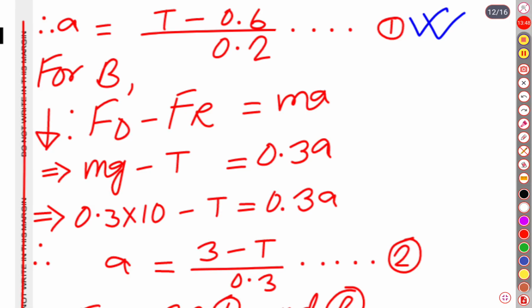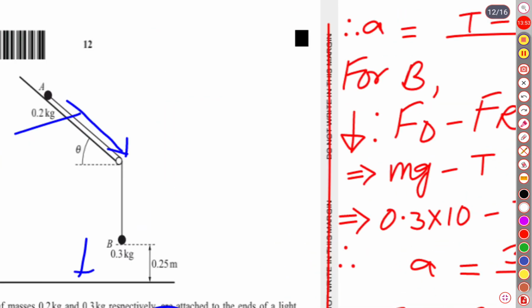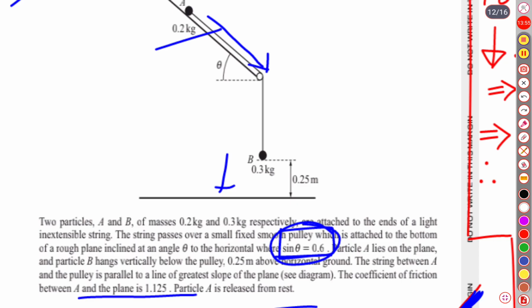Now for particle B, just have a look at particle B. Particle B is just hanging downward. Look, this is the state of particle B. B is over here, and it is just hanging downward. So what is the driving force for this? As this is hanging downward, nothing but the weight is causing it to move downward.